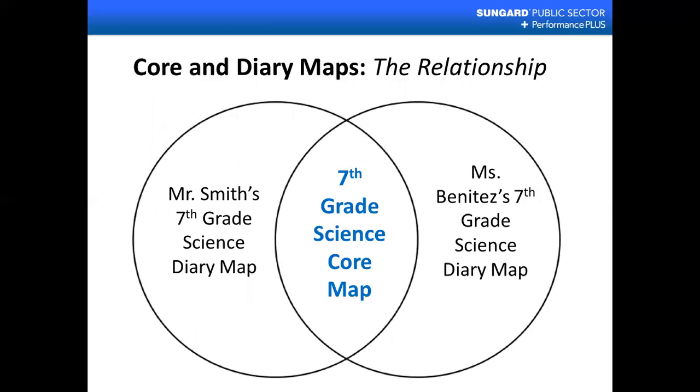This Venn diagram shows an example of how the core maps and the diary maps work together. Each of these teachers used the core map as the foundation, and then they apply their specific skills, content, strategies, and adaptations to their diary map in order to individualize what's happening in their classrooms.